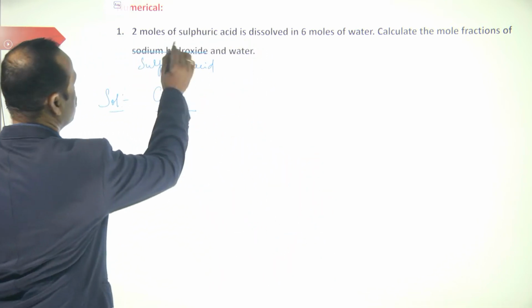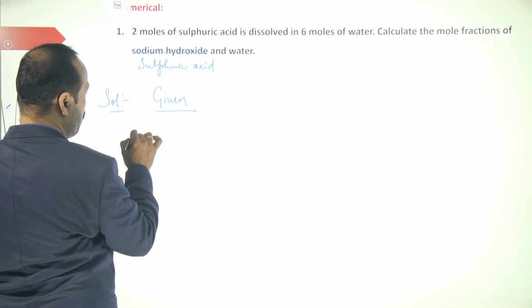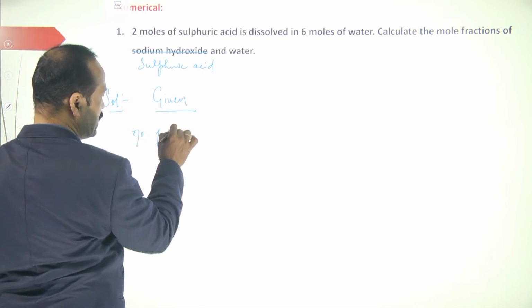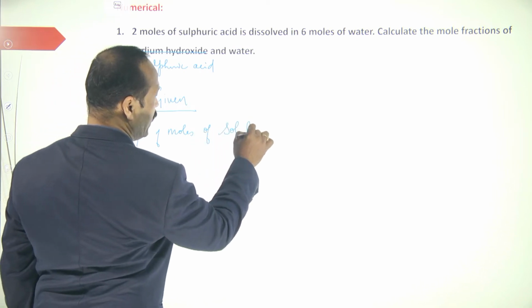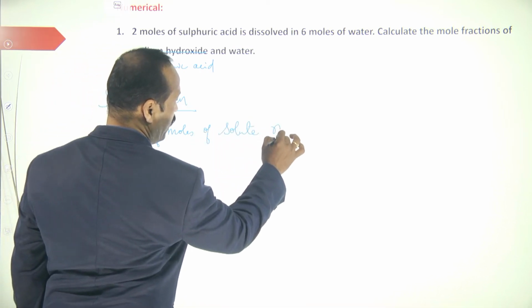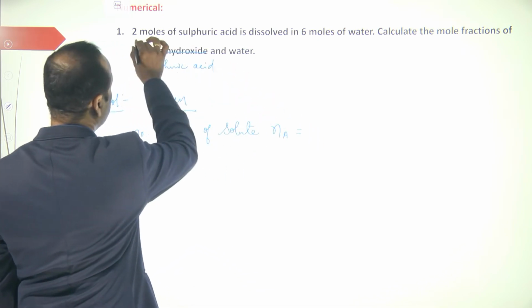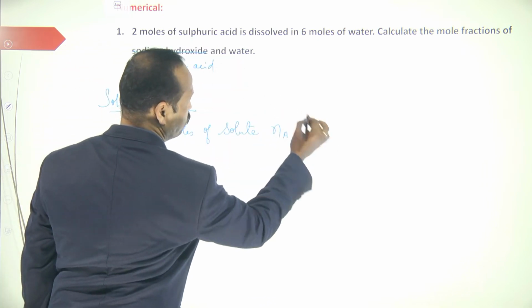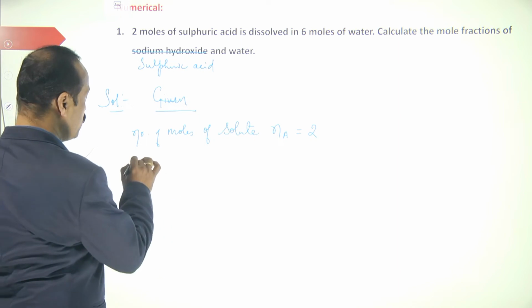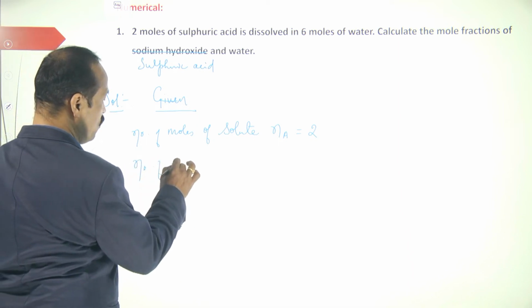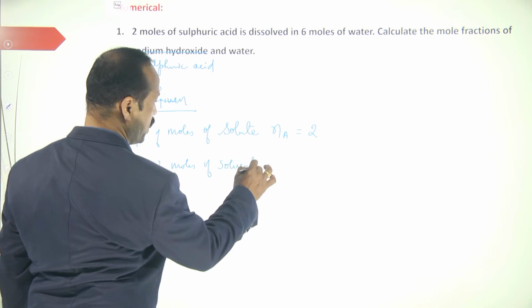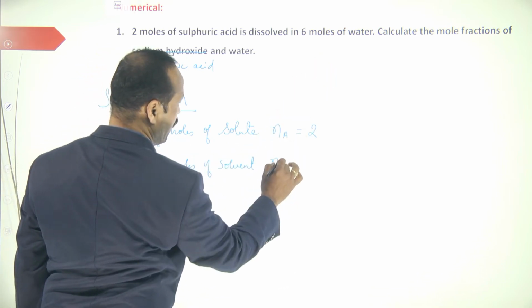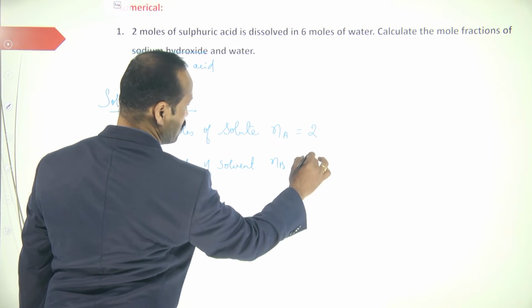Now, the number of moles of solute is denoted by Na. Na is equal to how many moles? 2 moles. So write 2. Clear? Then the number of moles of solvent, that is water, Nb, how many moles? 6 moles.